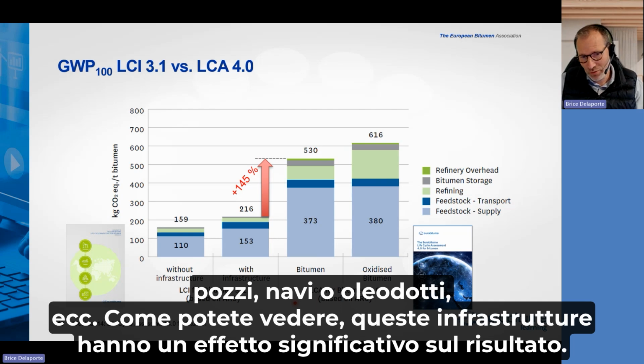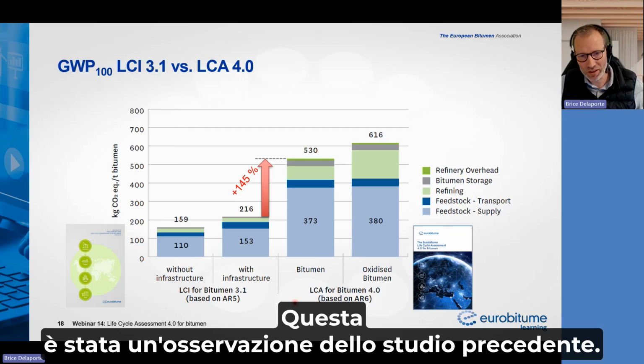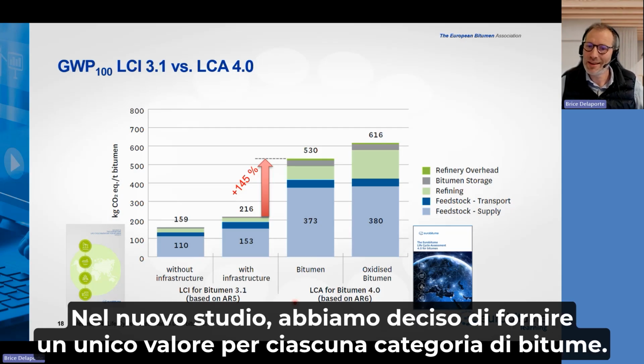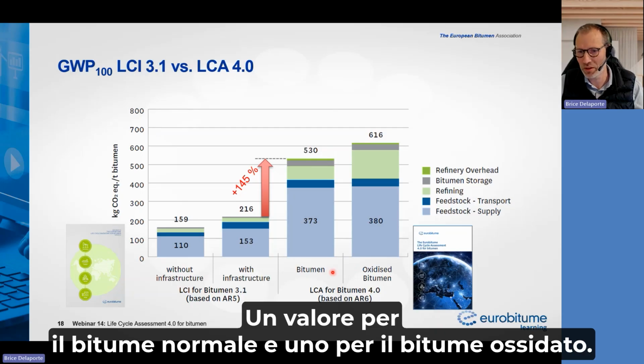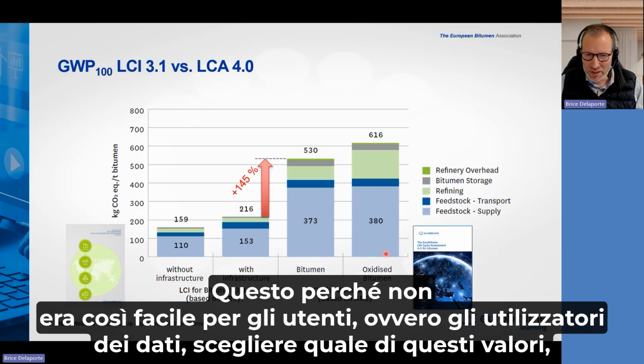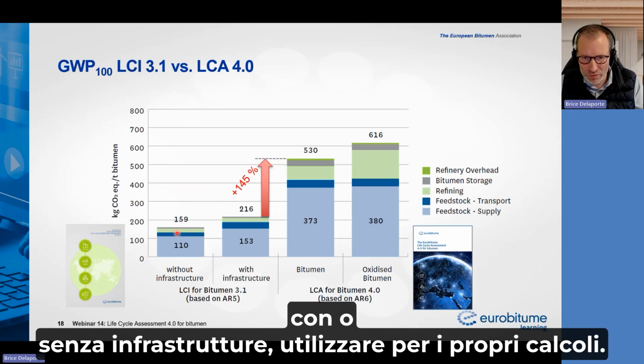And you can see that these infrastructures had a significant effect on the result. That was the observation taken from the previous study. In the new study, we decided to provide a single value for each bitumen category, one value for the average bitumen and one for the oxidized bitumen, because it was not so easy for the data users to choose which of these values, with or without infrastructure, to use for their own calculation.